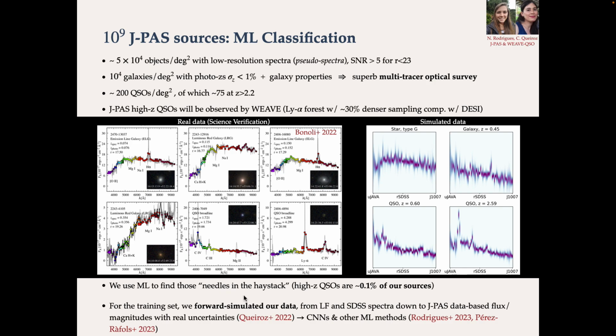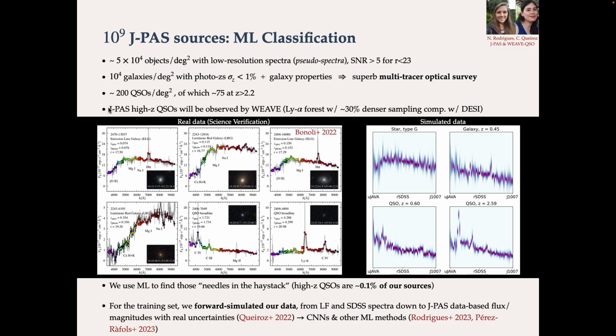However, we have very many objects and very few quasars. Quasars are about 0.1% of our sources, and the high redshift quasars are even fewer. We have about 75 quasars per square degree at redshifts greater than 2.2. And these are extremely high value targets because they reach way deeper into the universe.